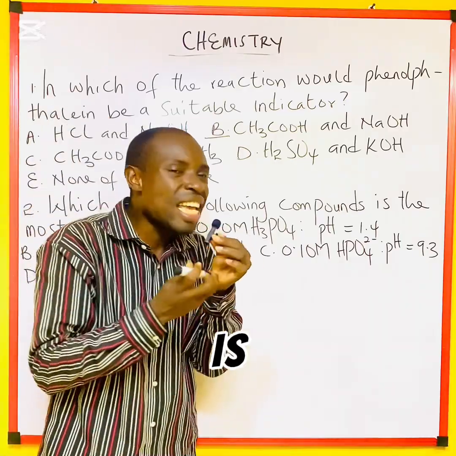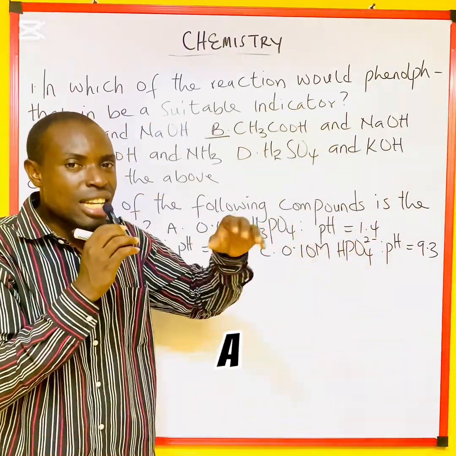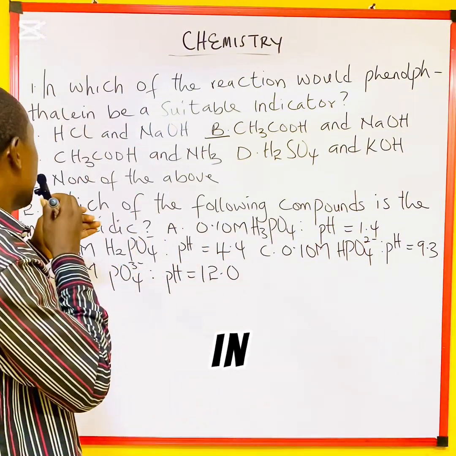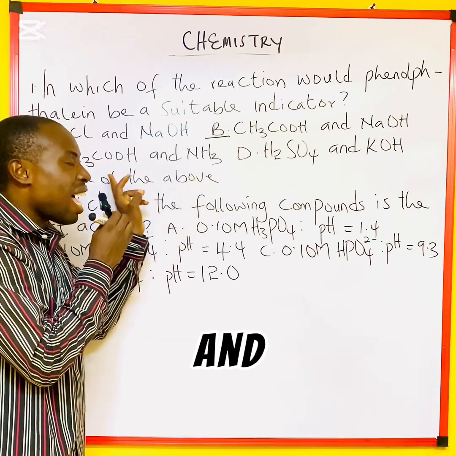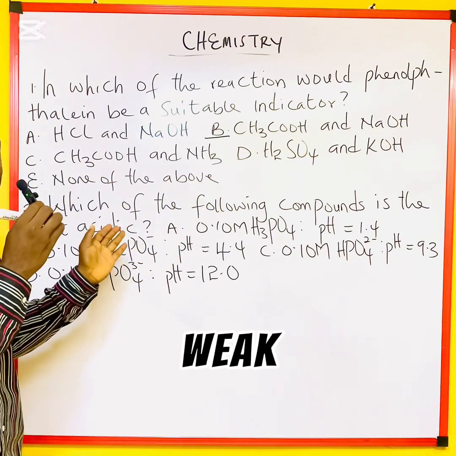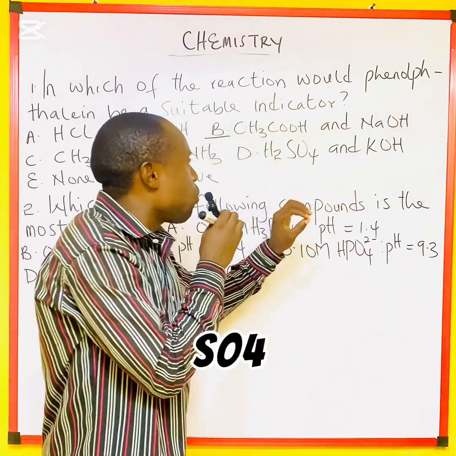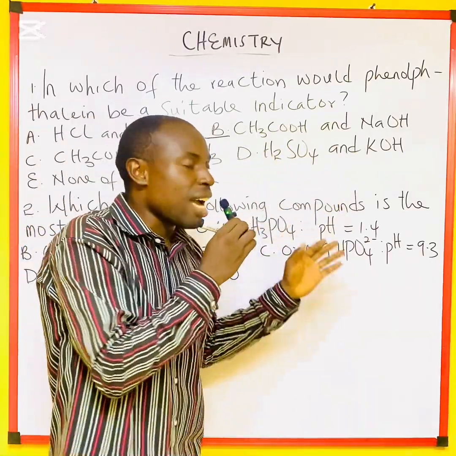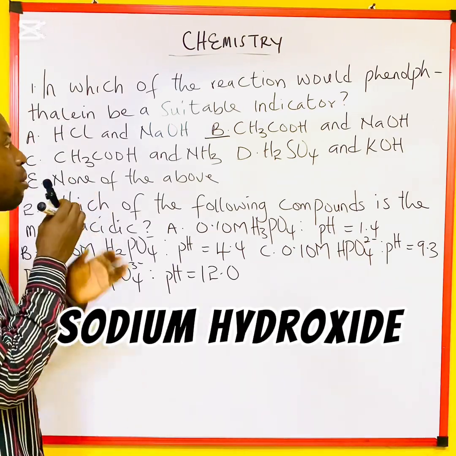Acetic acid is a weak acid, while sodium hydroxide is a strong base. If we check C here, both ammonia and acetic acid are a weak base and a weak acid respectively, while H2SO4 and potassium hydroxide are a strong acid and a strong base. The same goes for HCl and sodium hydroxide.